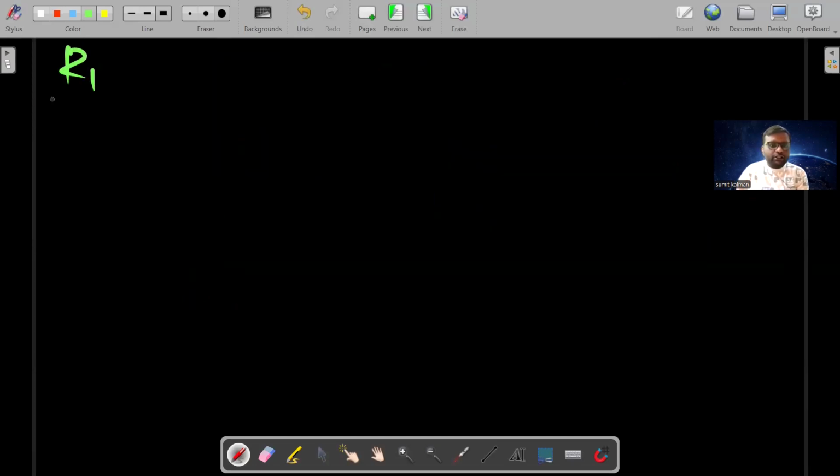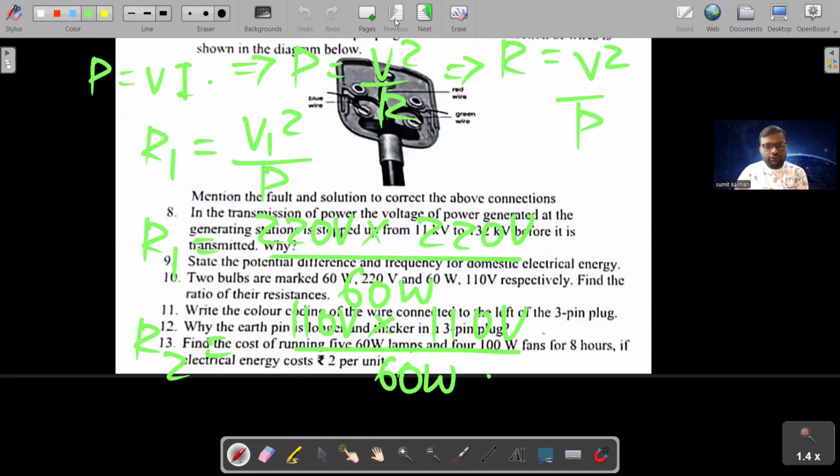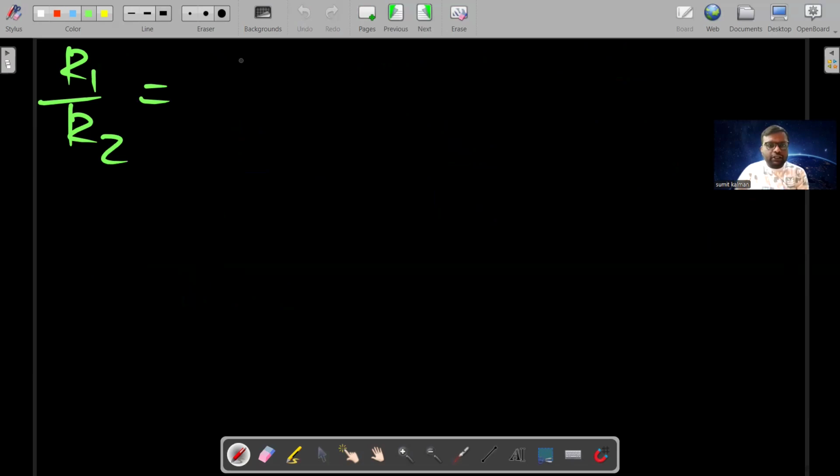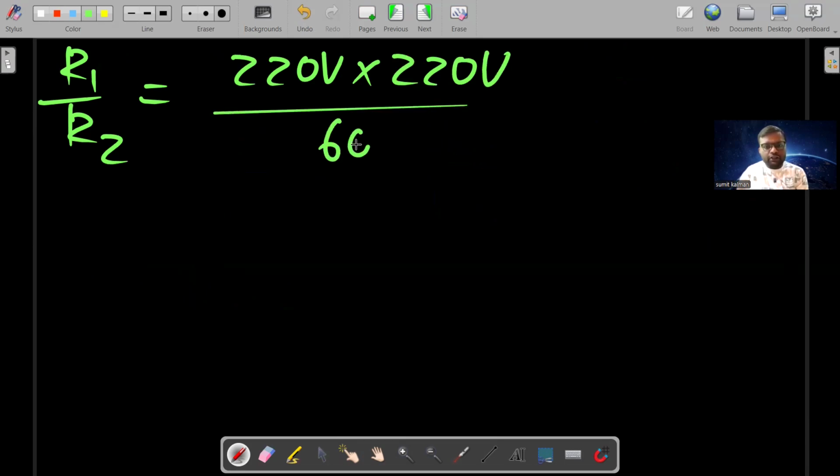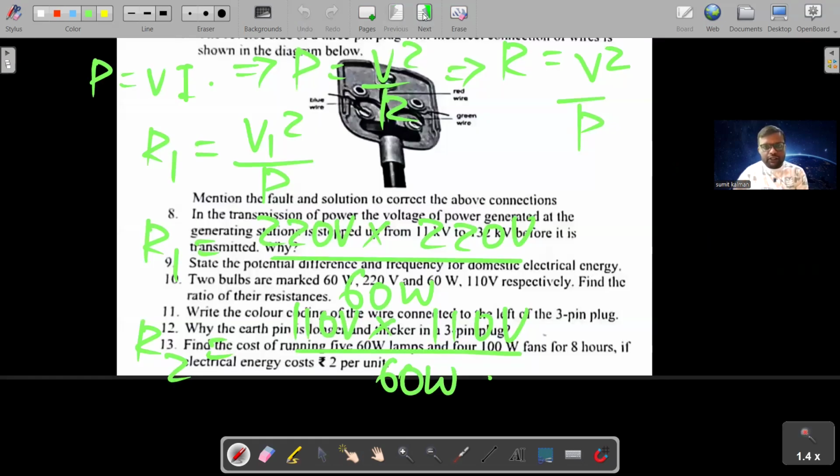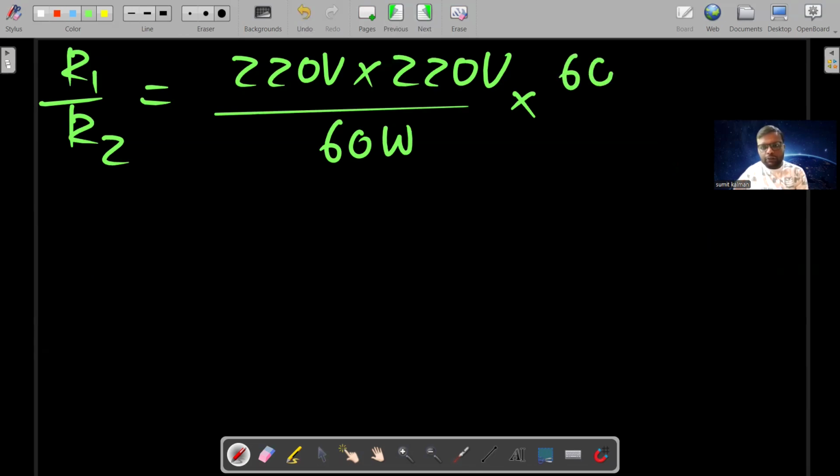R1 upon R2 will be equal to 220 volt into 220 volt upon 60 watt, and for R2, 60 watt upon 110 volt into 110 volt.